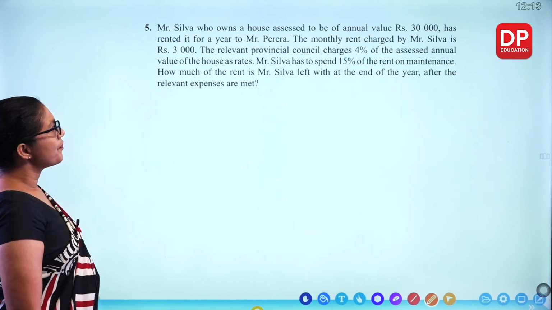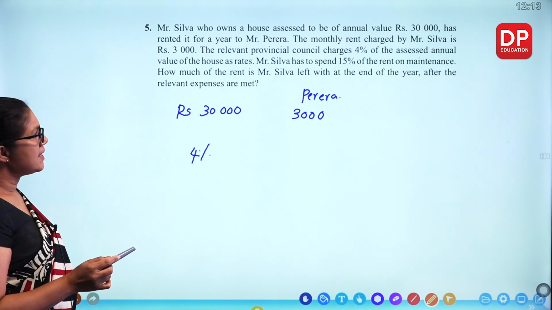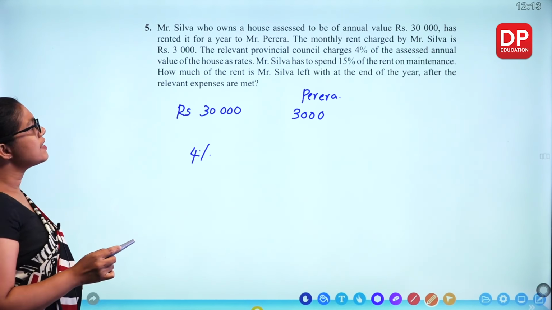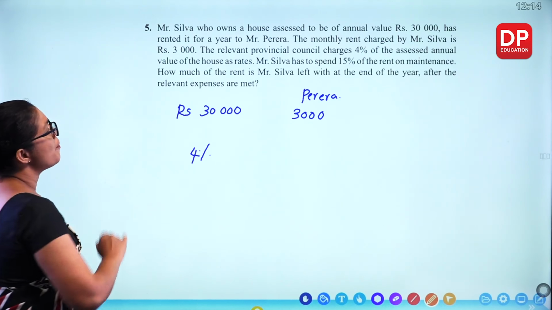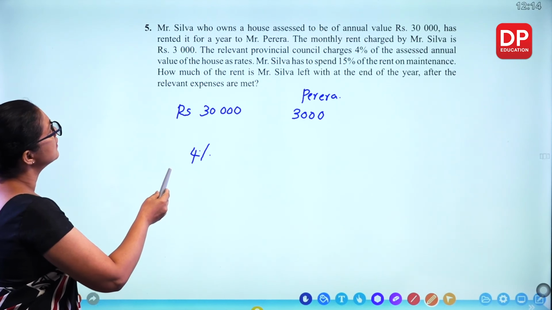So 4% of the assessed value. Mr. Silva has to spend 15% of the rent on maintenance. How much of the rent is Mr. Silva left with at the end of the year after the relevant expenses are met? So here 30,000 is the assessed value. From that he has to pay 4% for the tax.